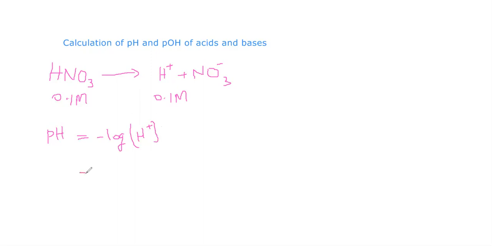Now I'm going to calculate the pH of 0.1 molar nitric acid, which gives a 0.1 molar concentration of hydrogen ions, because in pH, H belongs to the hydrogen ion concentration and P is the potential or strength of this ion. That means P stands for minus log, as given in this equation. So minus log of the hydrogen ion concentration, 0.1 molar.